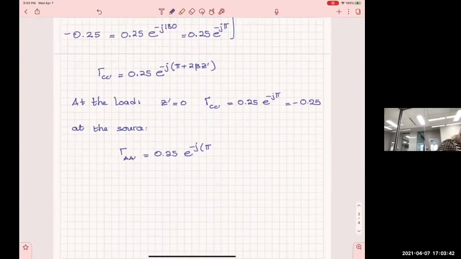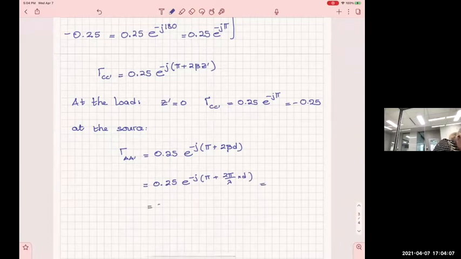Therefore, I have here plus 2 beta d, which means 0.25 e to the minus j, and then pi plus 2 pi over lambda times d, which is 0.25 e to the minus j pi, and then minus j 8 pi.